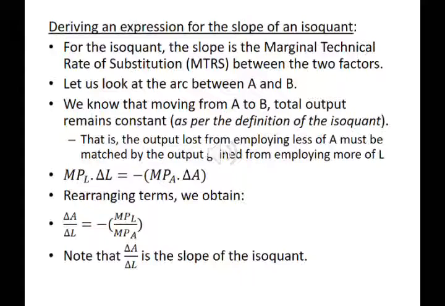So for the isoquant, the slope is not the marginal rate of substitution, because when we're talking about firms, we are talking about technologies. Here the slope is called the marginal technical rate of substitution, because if I use one less acre of land, how many units of labor should I employ, technically speaking, in order to be able to produce the same level of output, because I will be remaining on the same isoquant.